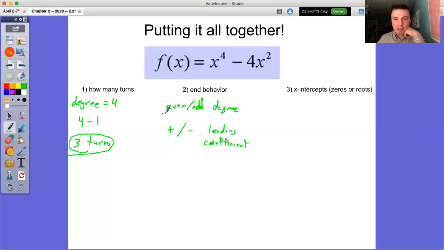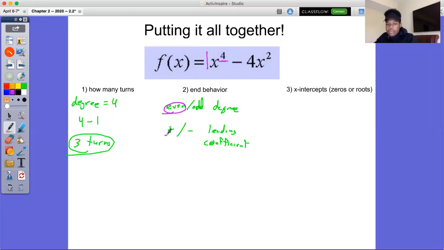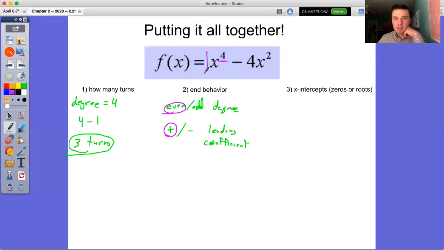Even, because of the fact that it's 4 here, right? Leading coefficient? Leading coefficient's 1, so that means it's positive. Even degree because of the 4. Leading coefficient's 1, so positive.